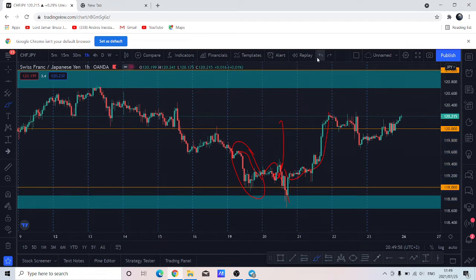Okay, those 3 pushes. So this was Monday, meaning this was Friday, Thursday, Wednesday, Tuesday, Monday. This was another Monday. So we are going to start looking at the market on this Monday here.